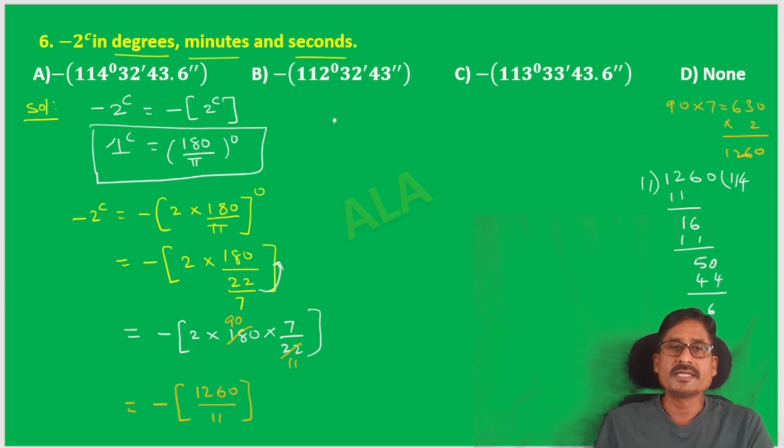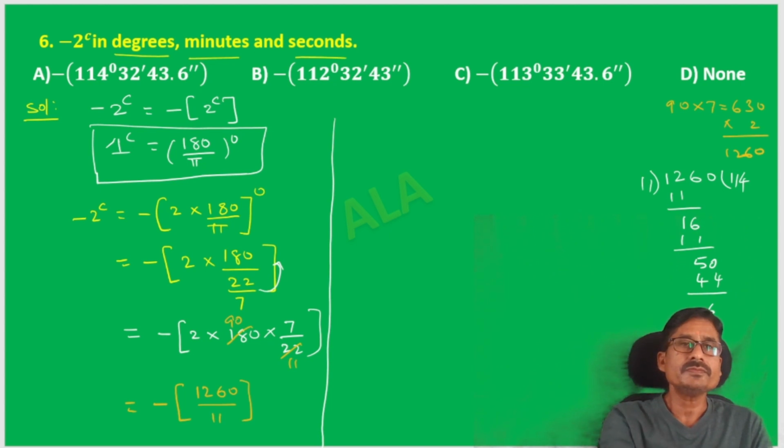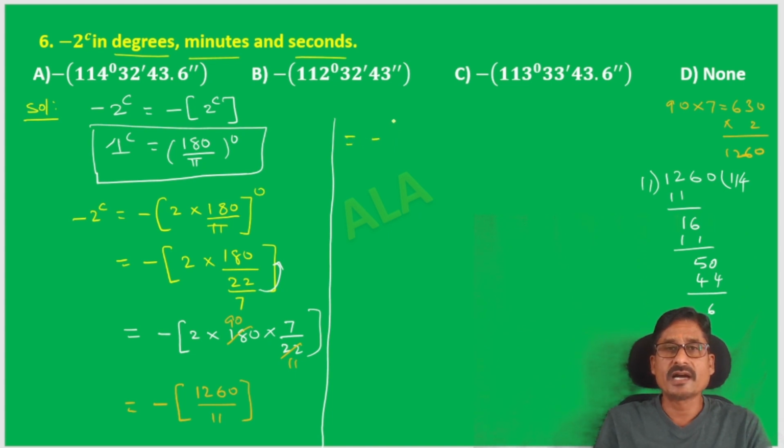Now what we write, this is 114 degrees, that is equal to minus of 114 degrees plus the remainder 6, that we write as 6 by 11 degrees.